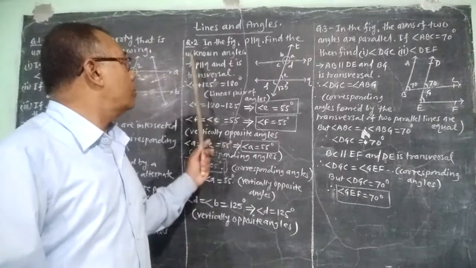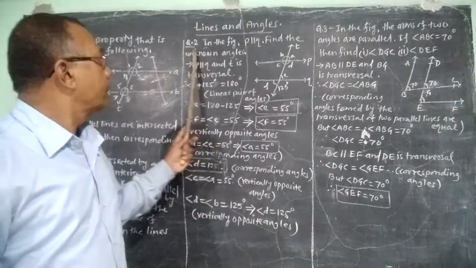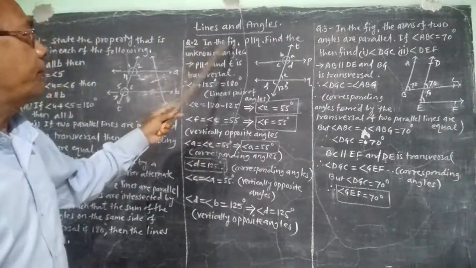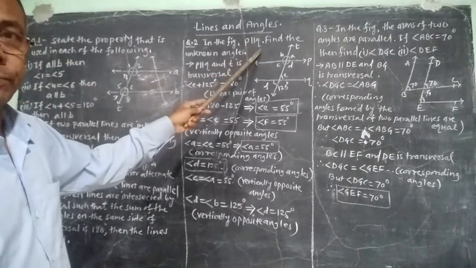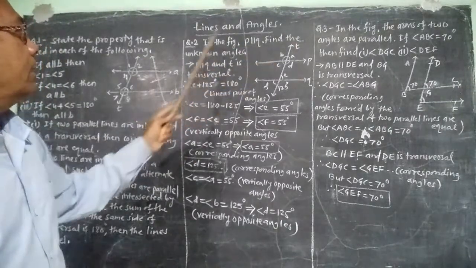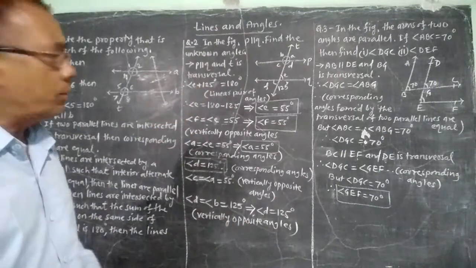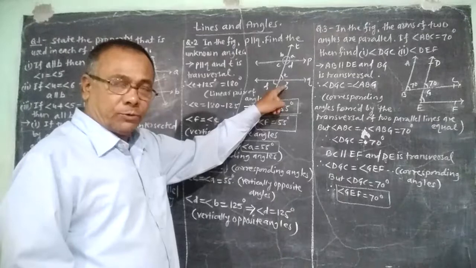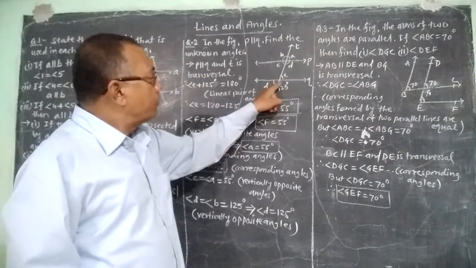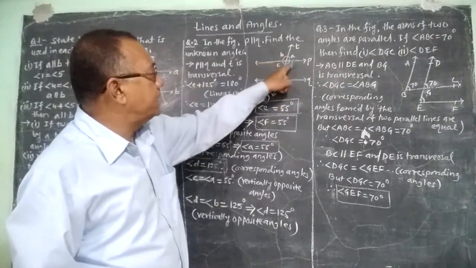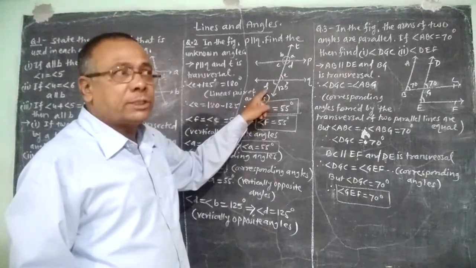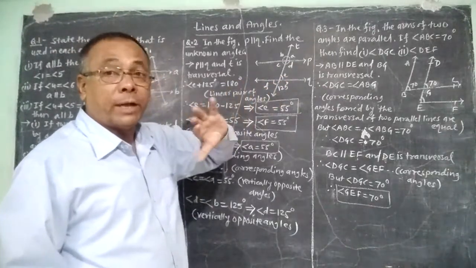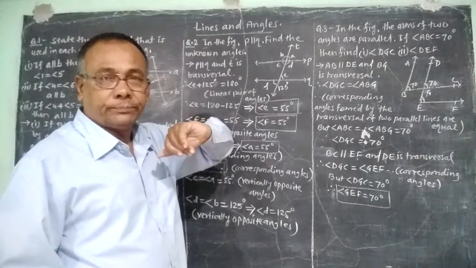Now here in question number 2, it is given that in the figure P parallel Q, find the unknown angles. Here only one angle is given, 125 degrees. This is the known angle, while A, B, C, D, E and F are unknown, means we have to find the measure of these angles.